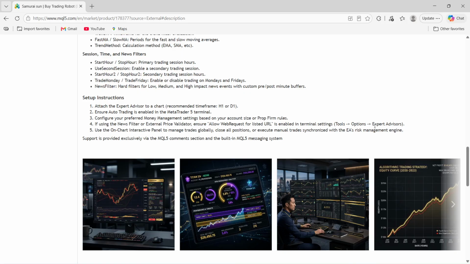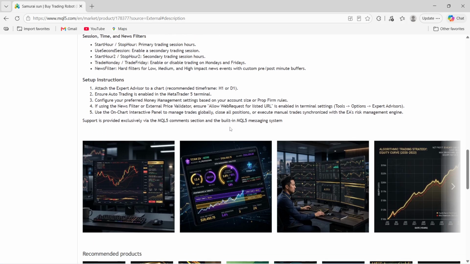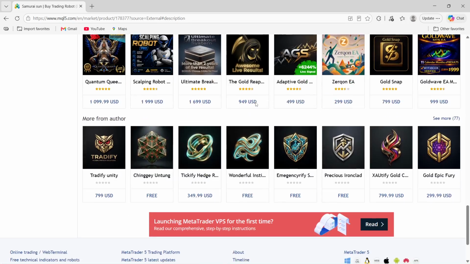You go to tools, options, and then expert advisors. Then finally, use the on-chart interactive panel to manage trades globally, close all positions, or execute manual trades synchronized with the EA's risk management engine. Support is provided exclusively via the MQL5 comment section and the built-in MQL5 message system.